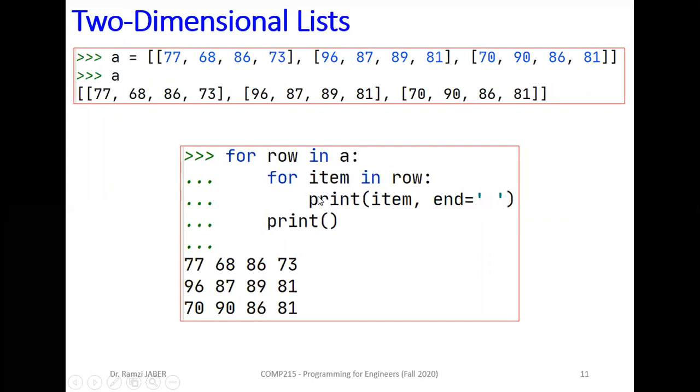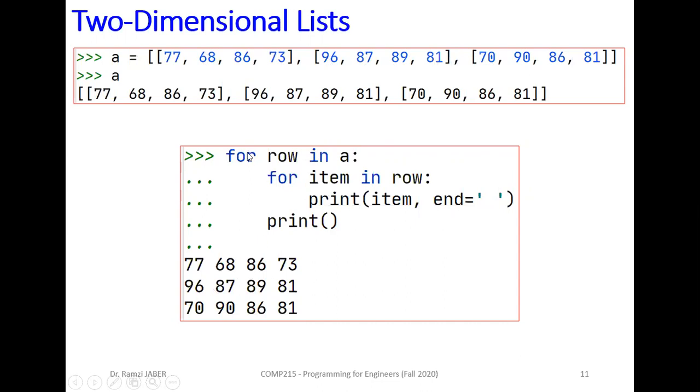The first print is for the second for loop, and the second print is for the first for loop. So it prints row by row. This two-dimensional list, or two-dimensional array, is printed this way.